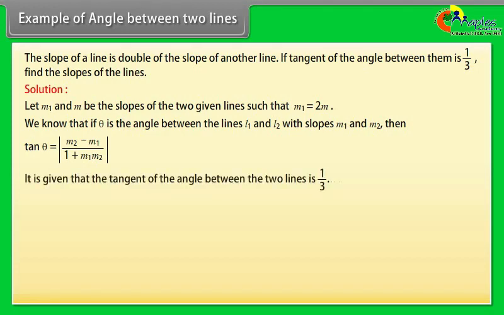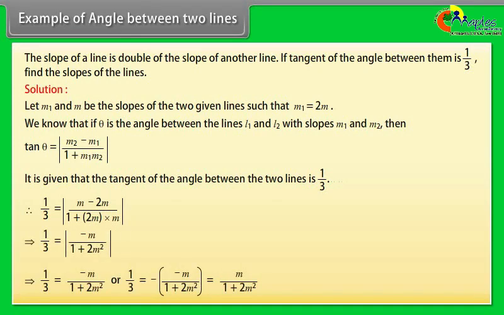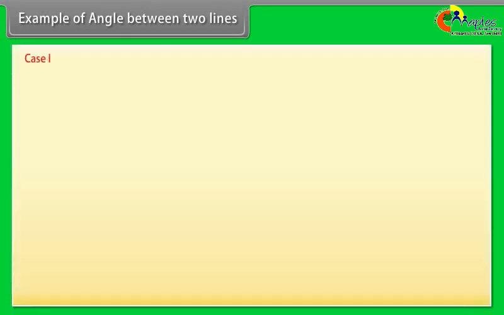It is given that the tangent of the angle between the two lines is 1 by 3. Therefore, 1 by 3 is equal to modulus of (m minus 2m) divided by (1 plus 2m into m). On solving, we get modulus of m by (1 plus 2m square). Case 1. 1 by 3 is equal to minus m by (1 plus 2m square).